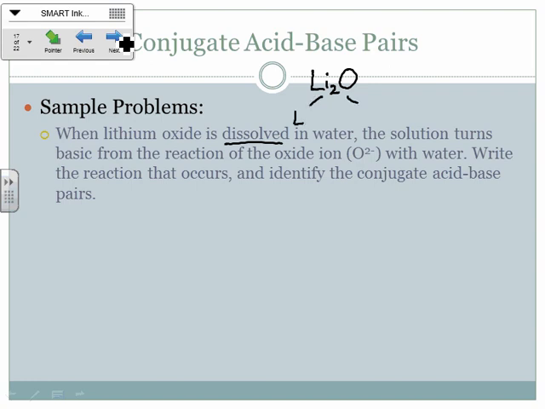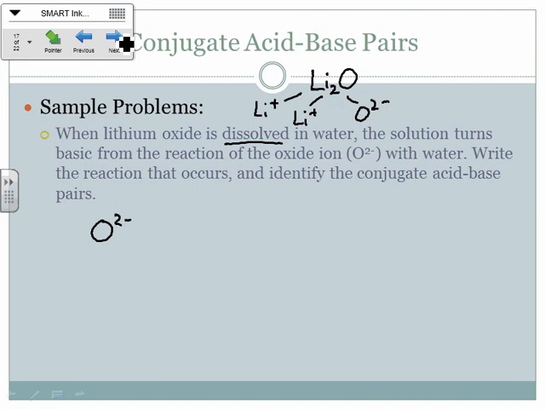When that dissolves, it's going to dissociate, split apart into Li+ and O2-. Now the lithium in the water doesn't really do anything, but the O2- in water actually does. We're going to learn more about this towards the end of this chapter.